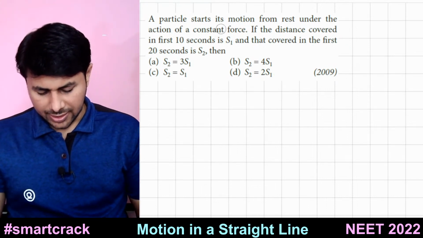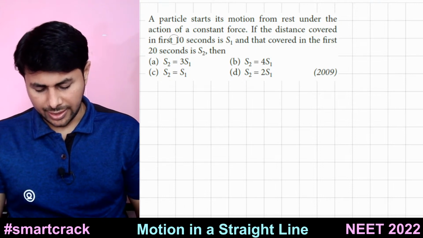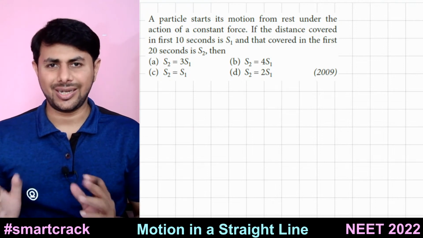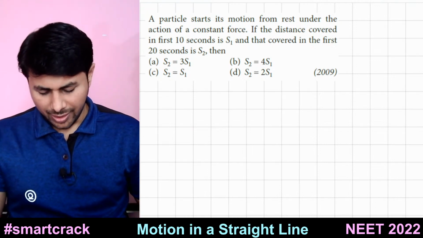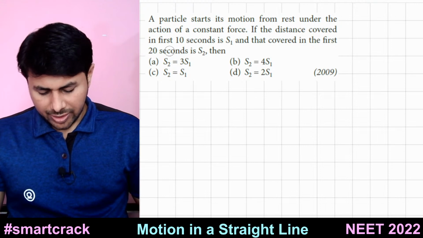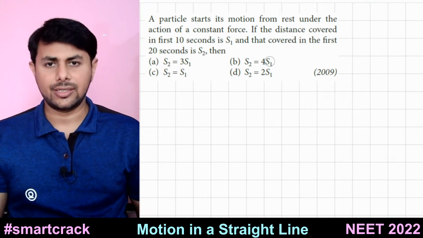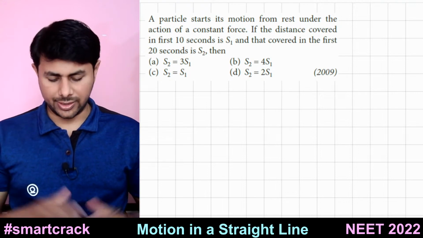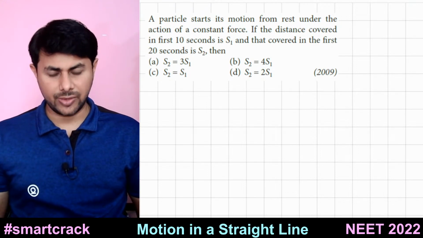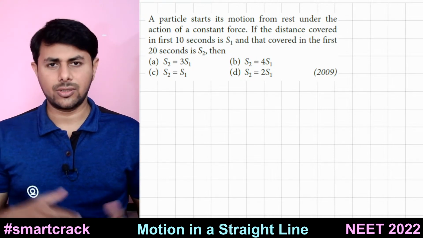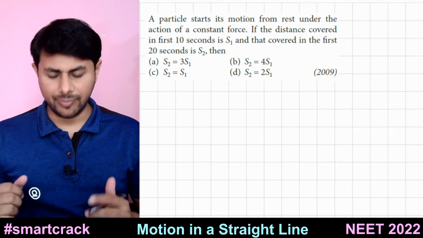A particle starts its motion from rest under the action of a constant force. Constant force means constant acceleration. Then if the distance covered in first 10 seconds is s1 and that covered in first 20 seconds is s2, then, again, recall Galileo's law of odd numbers.